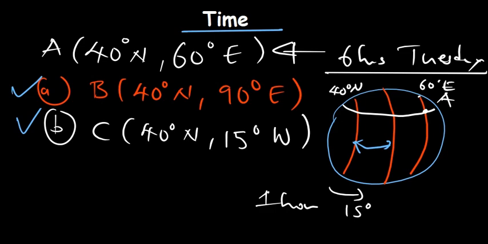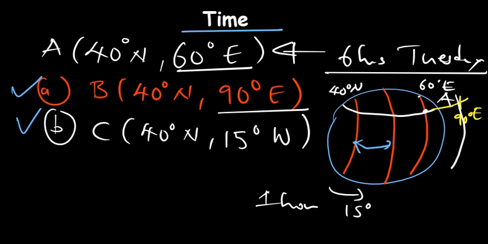Now we're told point B is 40 degrees north as well, but it's 90 degrees east. So it's somewhere after A, 90 degrees east. So they've got different longitudes. One is 60 degrees east, the other one is 90 degrees east.